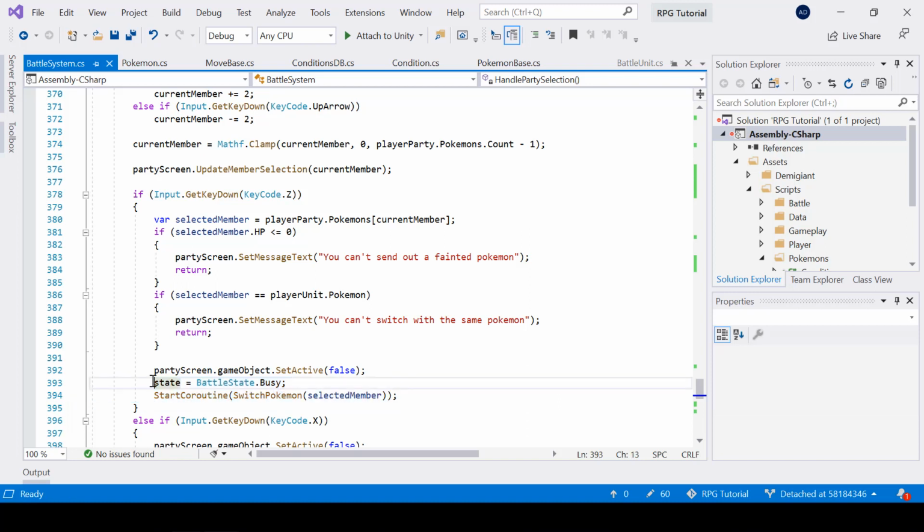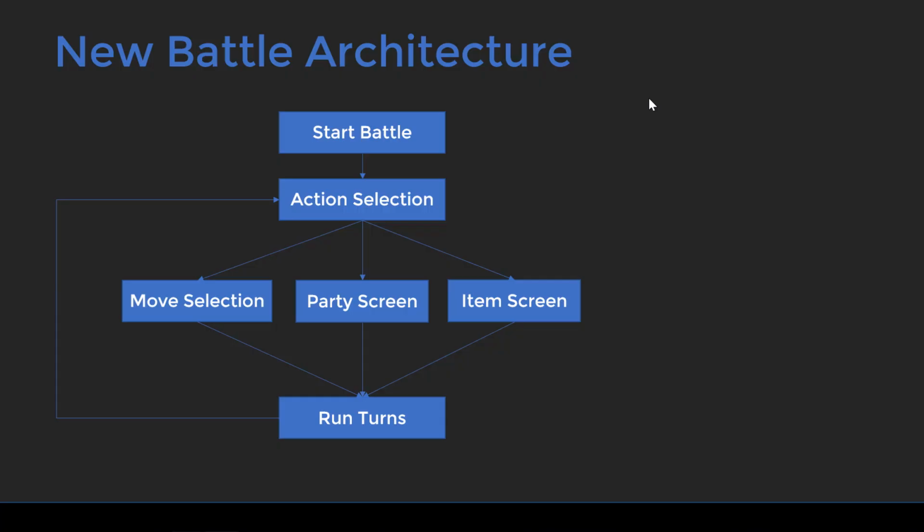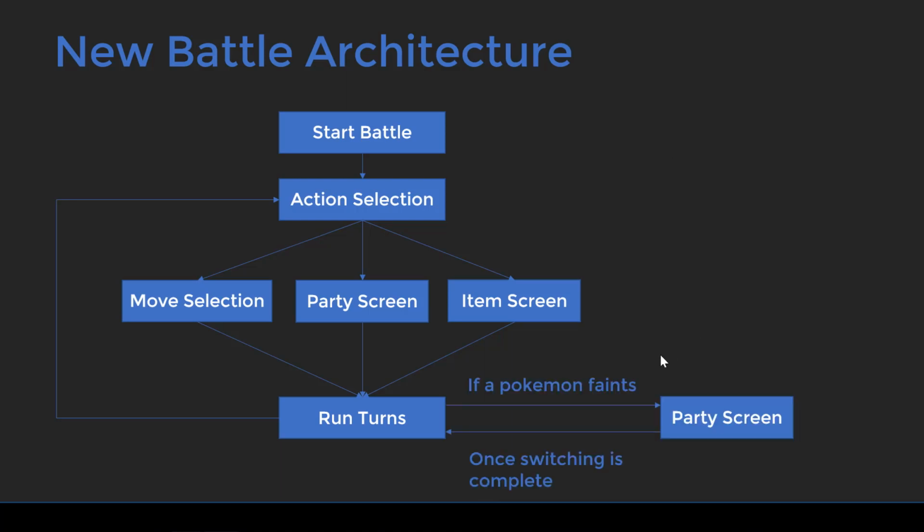So here, if the player actually chose to switch Pokemon during his turn, then we should call the run turns function. And otherwise, if the player chose to switch Pokemon since its current Pokemon fainted, then we should just directly call switch Pokemon. So that is something I didn't show you earlier while explaining the architecture. So we also have a small portion over here.